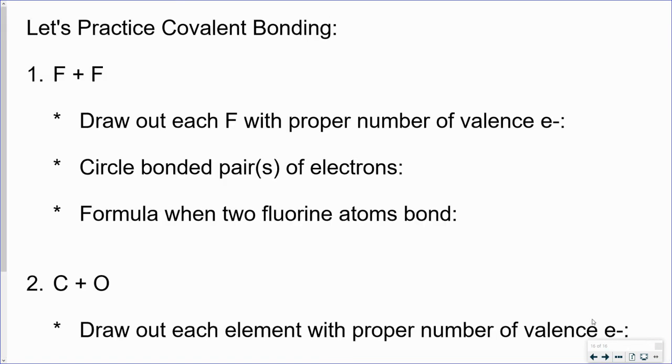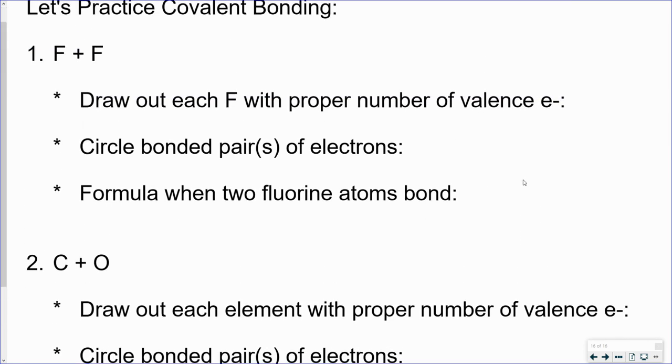All right, let's try some covalently bonded molecules. So this will draw out both fluorines with the proper number of valence electrons. Then you circle the ones that would be shared.